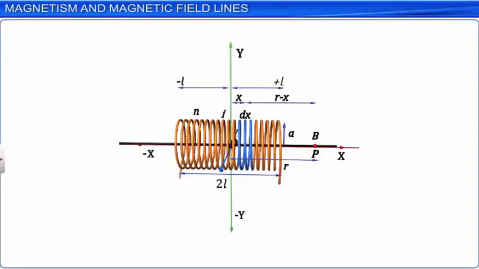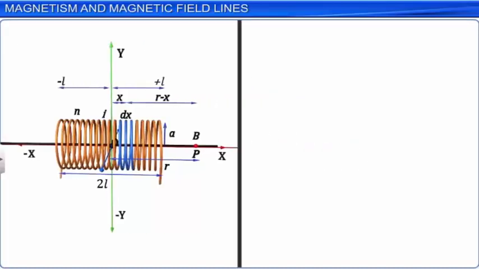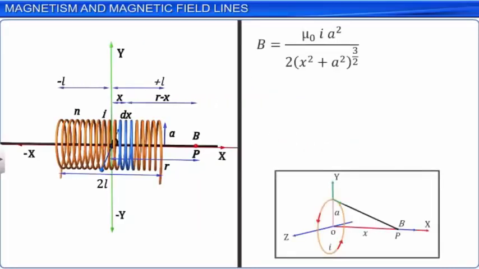We learnt earlier that the magnetic induction B on the axis of a current-carrying circular loop at a distance x from the center of the loop is equal to μ0 I a² by 2 (x² + a²)^(3/2).